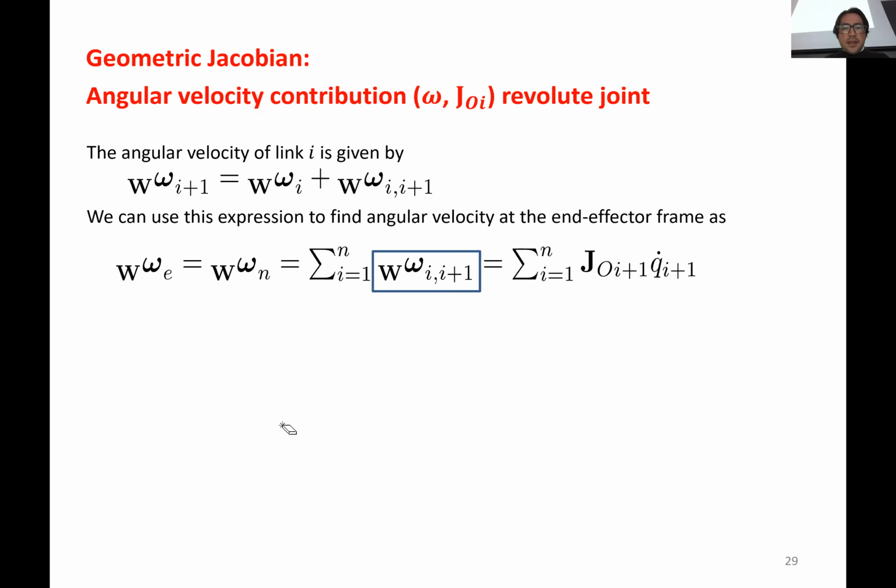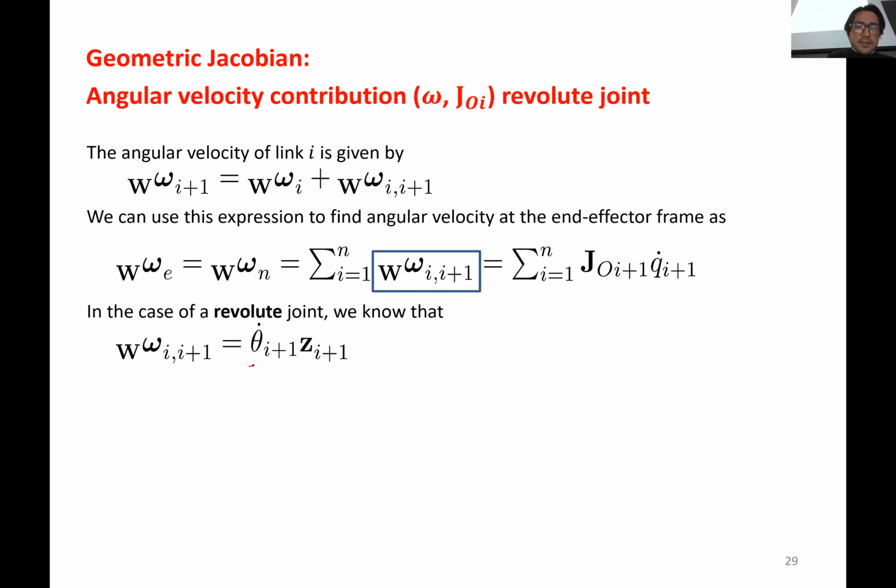But now, in the case of a revolute joint, this expression is actually our joint space variable, and this is in slide 22, multiplied by the axis of rotation along the joint. So if we draw it like here, maybe I should make a bit of a larger difference.